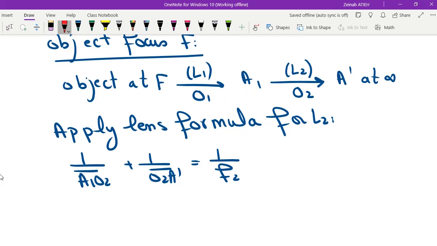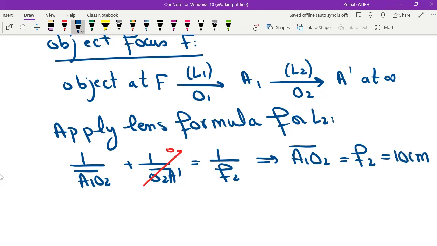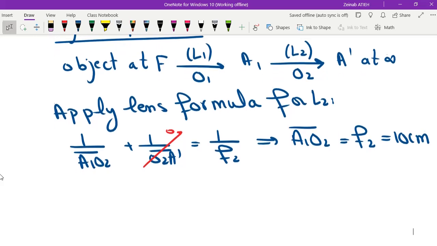A prime is at infinity, so this term will be 0. We get A1O2 equals F2, and F2 was 10 centimeter. So A1O2 is found. Now let's apply the lens formula for L1.